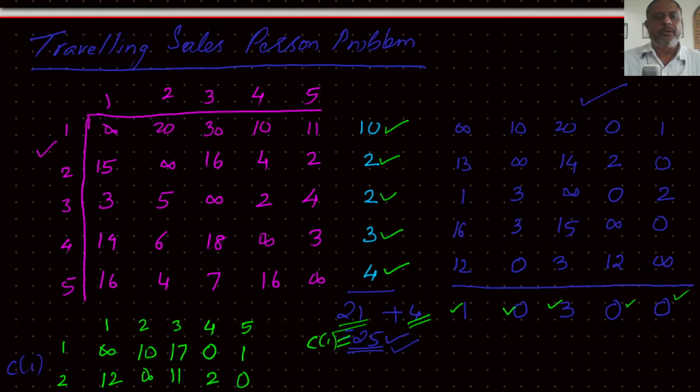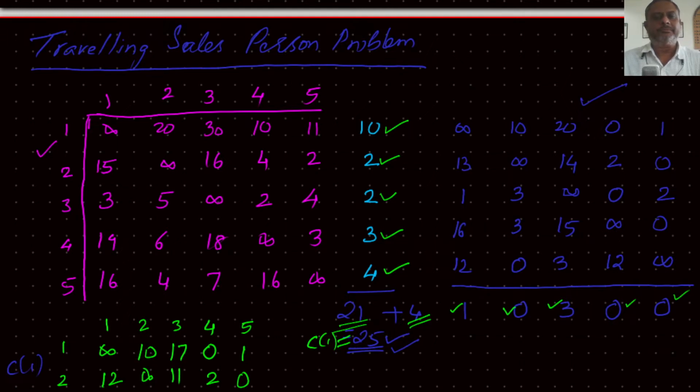If you ask somebody from node 1 where they want to go, the answer would be node 4, because that's the smallest distance. Same way, if you ask from node 3, the answer would be node 2 or node 4, because the distance is minimum.